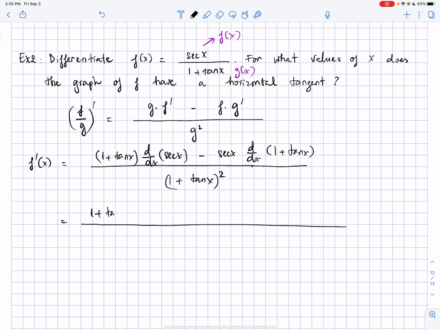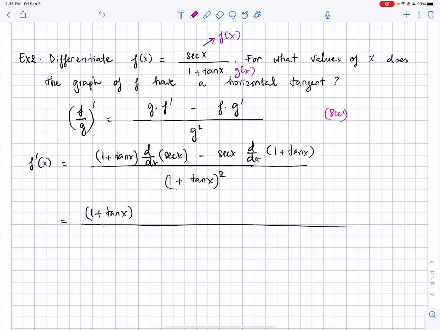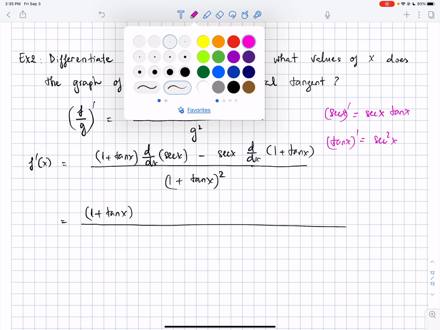So we copy down the 1 plus tangent x again, and we just learned that the derivative of secant x is secant x times tangent x, and the derivative of tangent x is secant squared x. So we will apply them for this step.